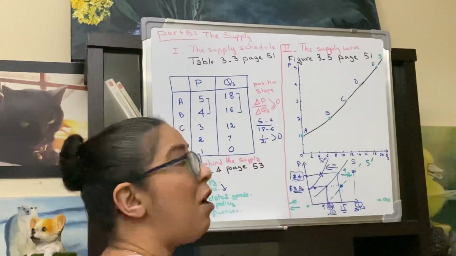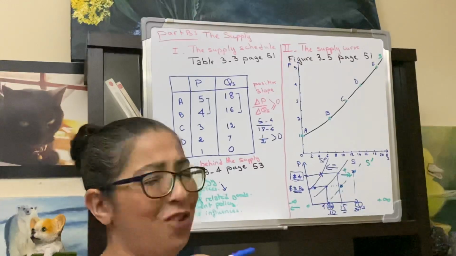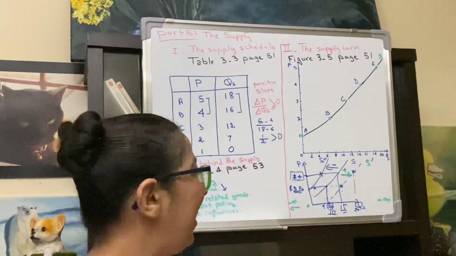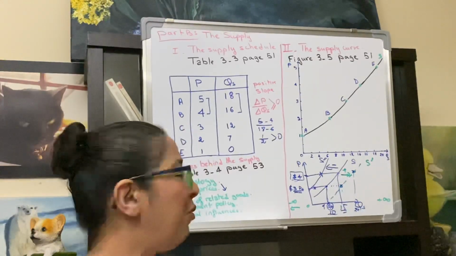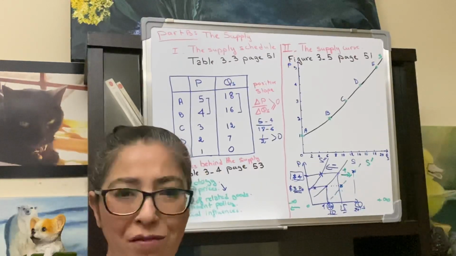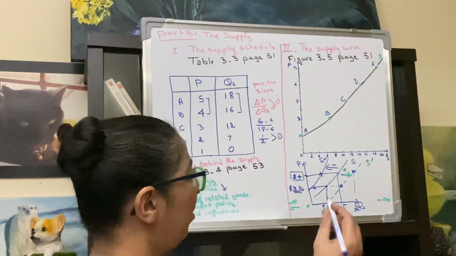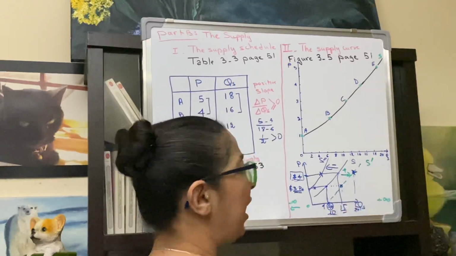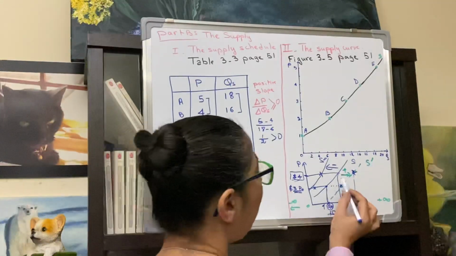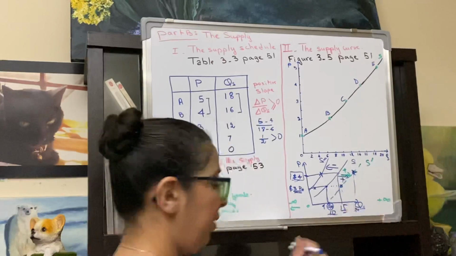At $4, now I'm making $3.5. I'm not counting labor or all that. I'm just taking this into consideration. So at $4, I'm making 3.5 profit. So what am I going to do? Supply more to make even more profit. So the whole supply would increase, shift to the right.